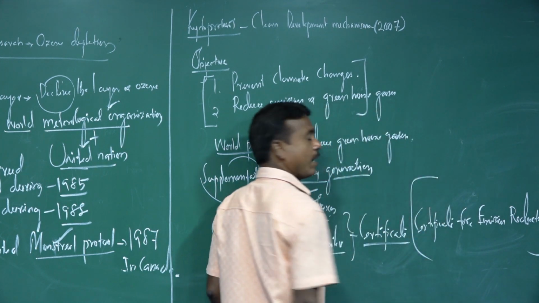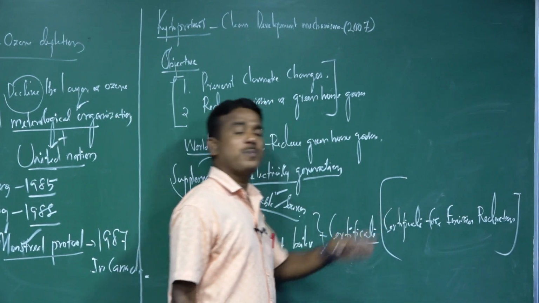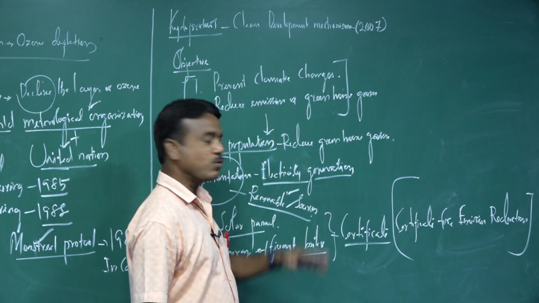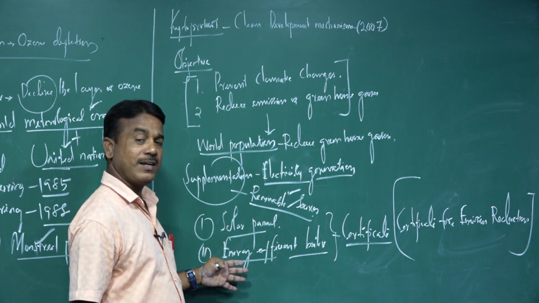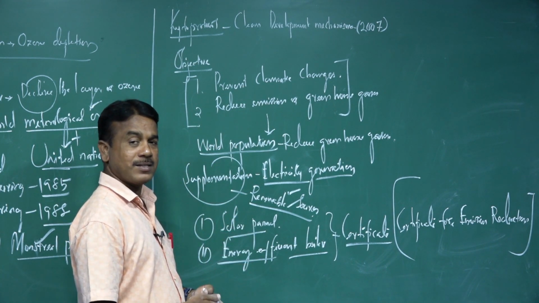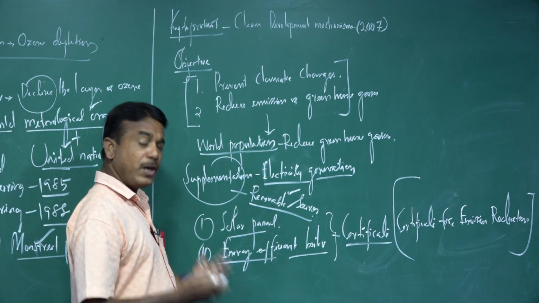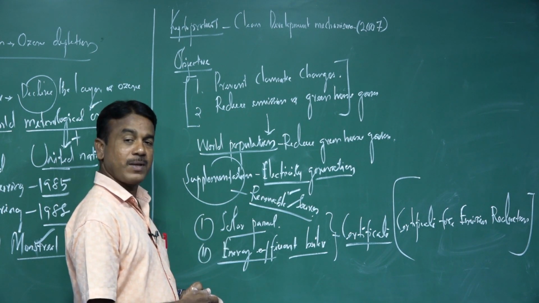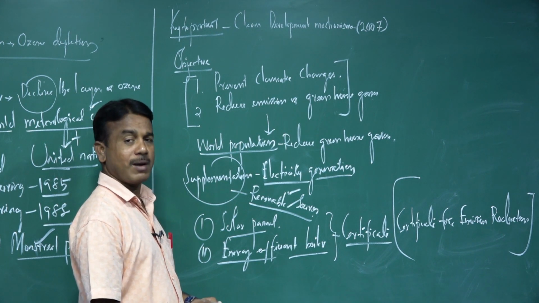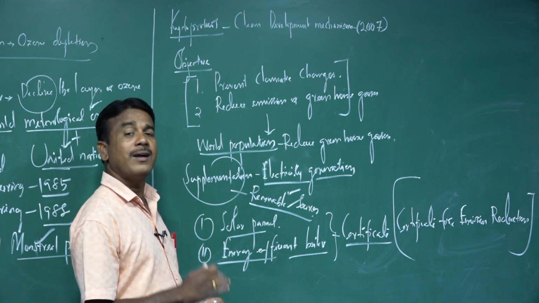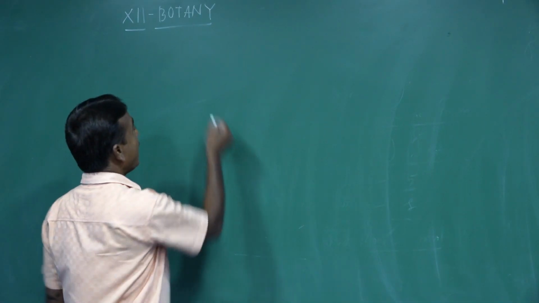Those two can reduce atmospheric greenhouse gases, so they get the certificate. It is a very good credit, a very good score, for those activities. That is equivalent to 1 ton of reduced carbon dioxide. That is the target of the Kyoto Protocol. The next one we are going to discuss is plant indicators.